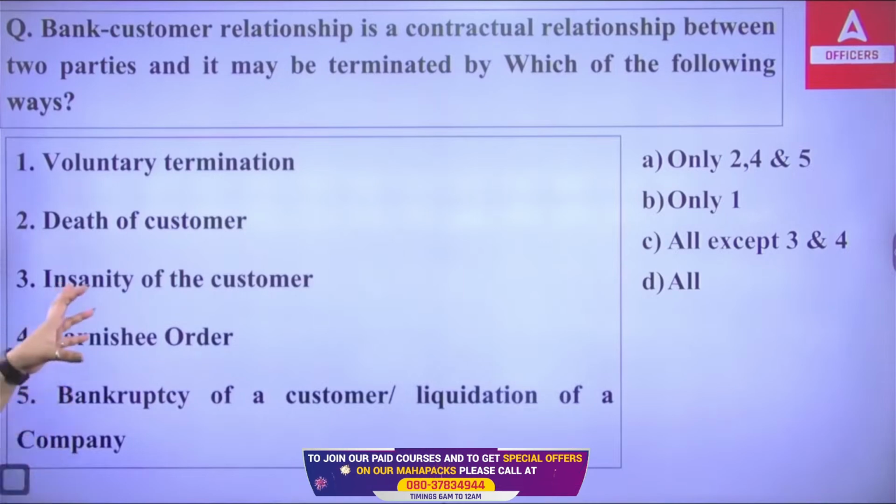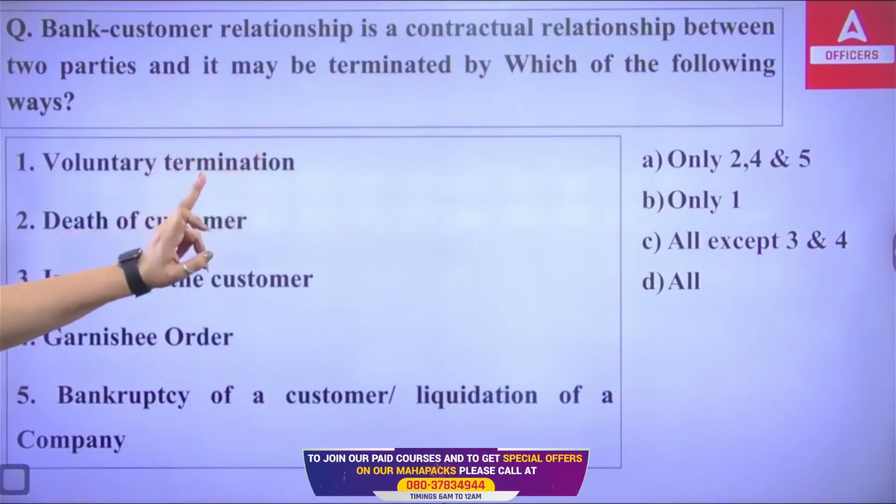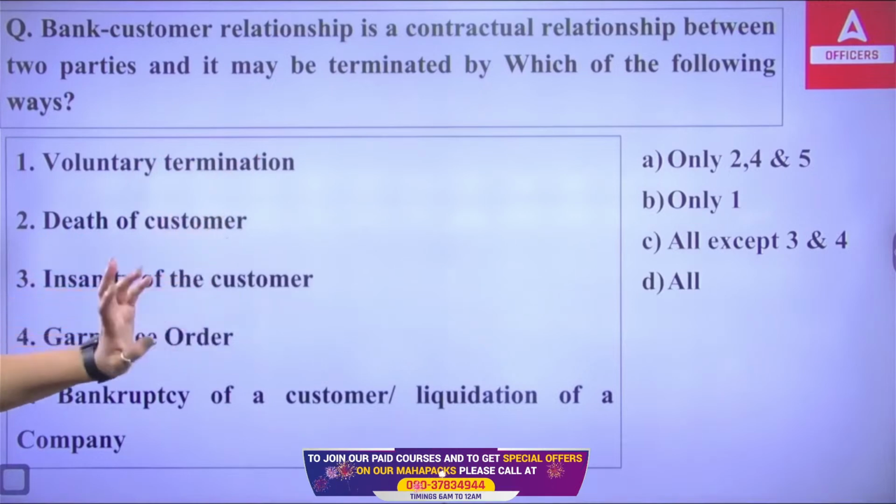So in which of the conditions will the termination of the contractual relationship between a bank and a customer be done? Only 2, 4 and 5, only 1, all except 3 and 4, all. Let me know which of the following is correct.